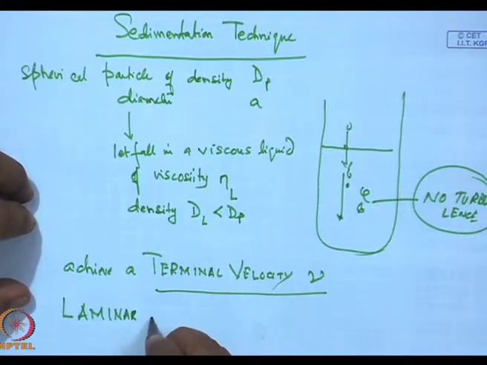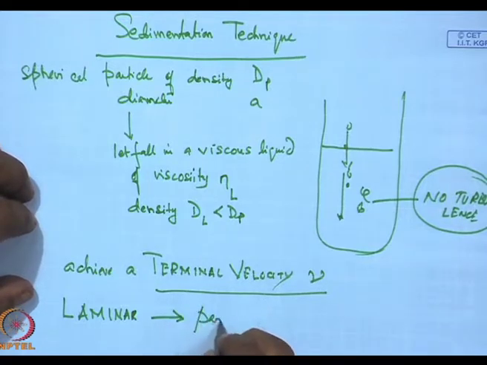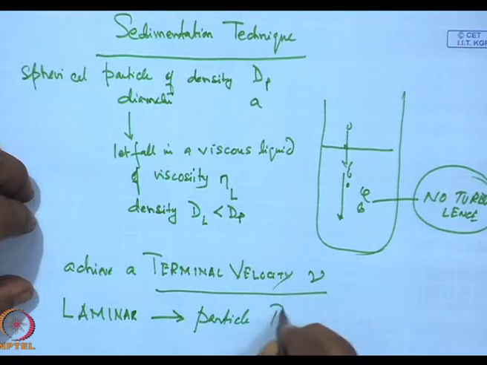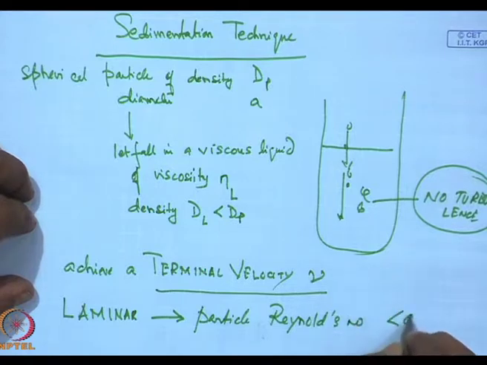This laminar flow occurs when particle Reynolds number is less than 0.2.